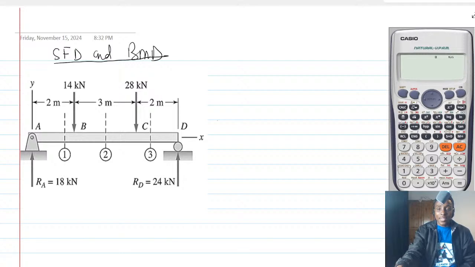So from this question, so this is how we normally draw shear force and bending moment diagram. To be able to draw the shear force and the bending moment, there is a convention which you need to know, and I want to show it to you right now.